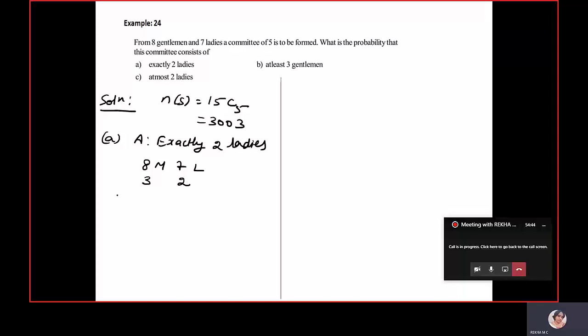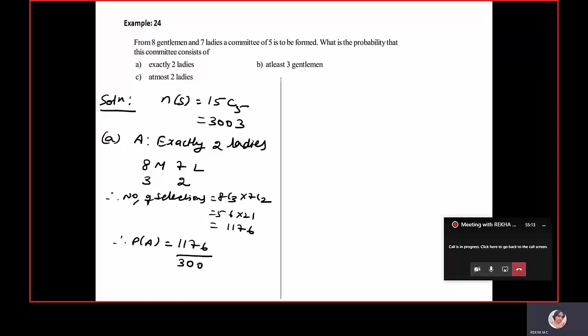Therefore, the number of selections will be 8C3 into 7C2, that is 56 into 21, that is 1176. Therefore, the probability of A is equal to 1176 divided by 3003.